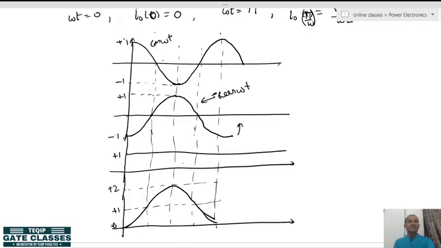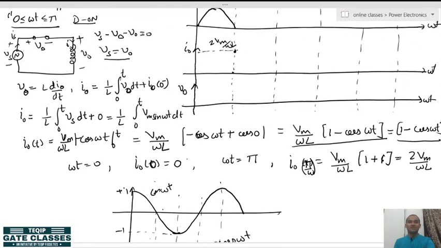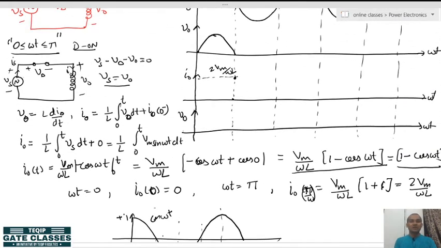This is the same nature of current. When we try to plot the current, it is 2 Vm upon omega L. At pi by 2, cos omega t will be 0, and the current will be Vm upon omega L, just half of this value.